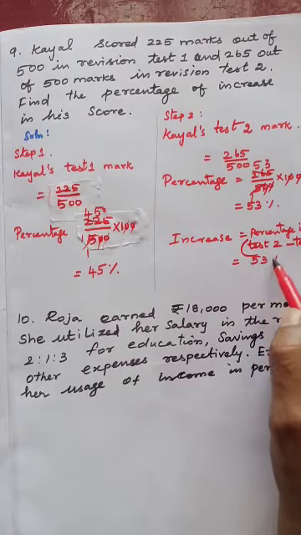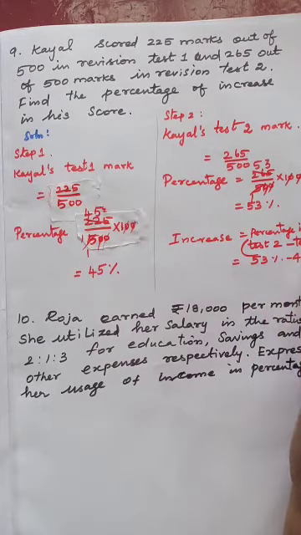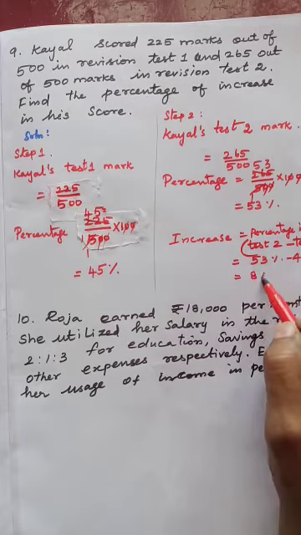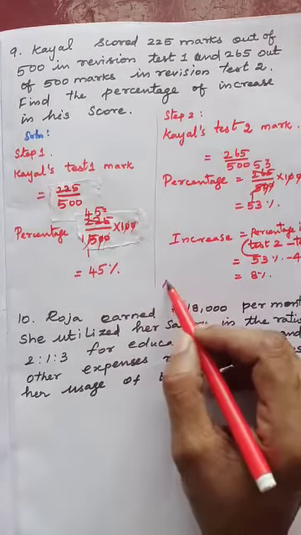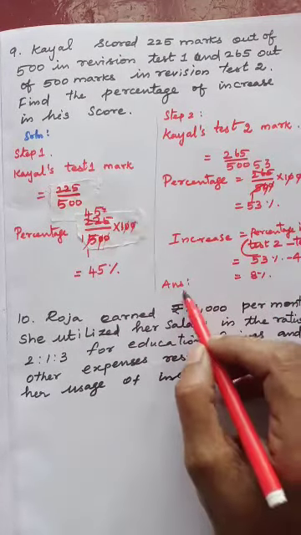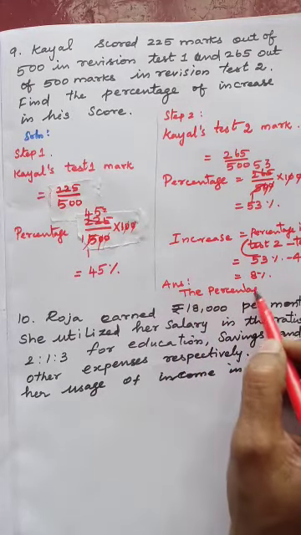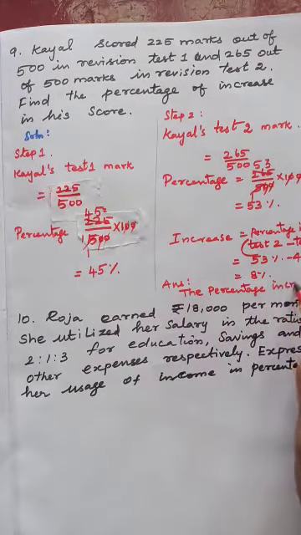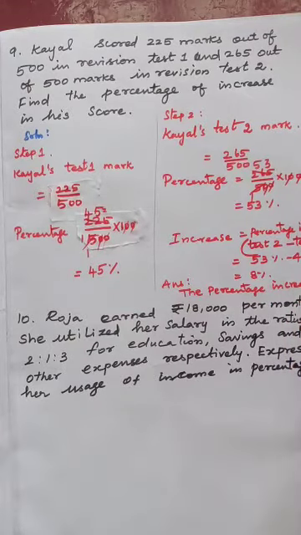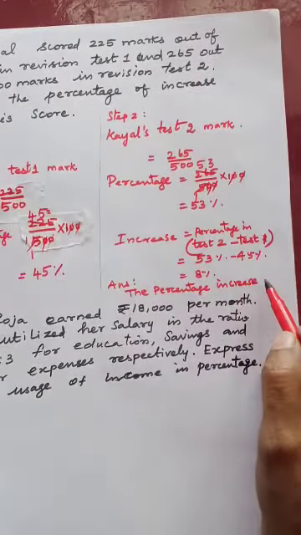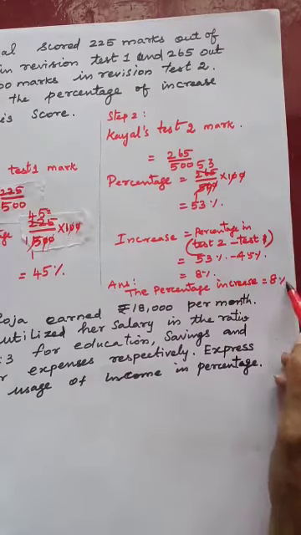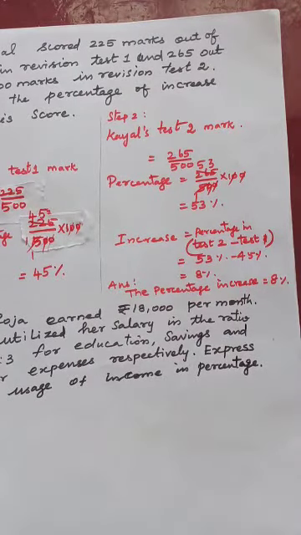That is 53% minus 45% is equal to 8%. So the answer: the percentage increase is equal to 8%.